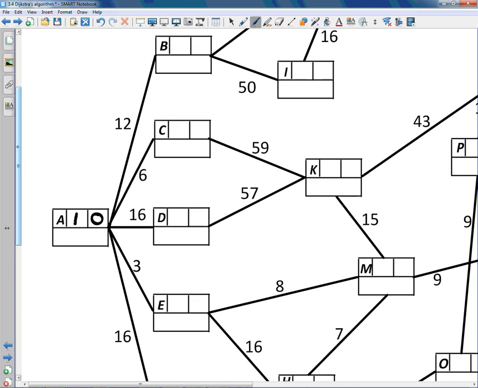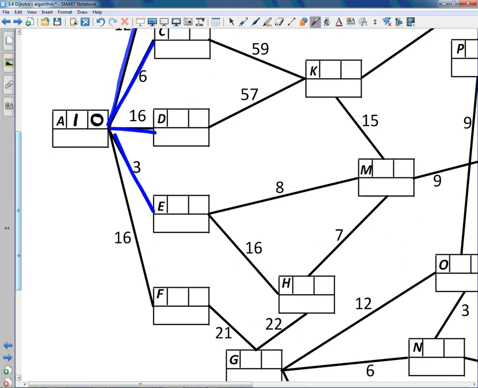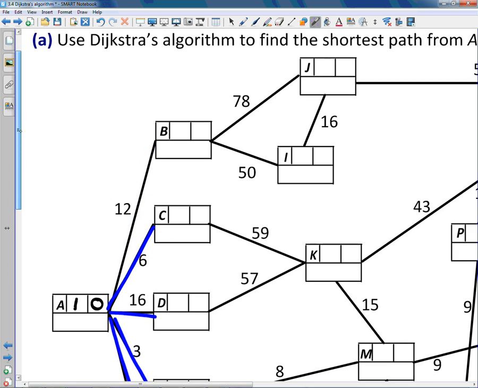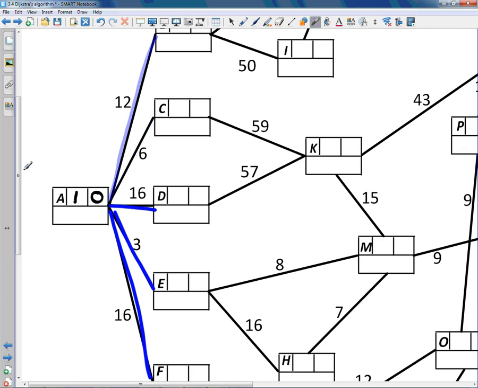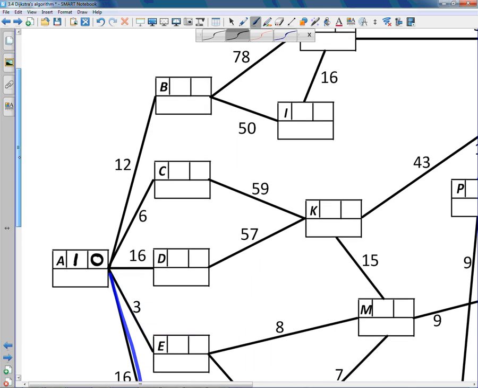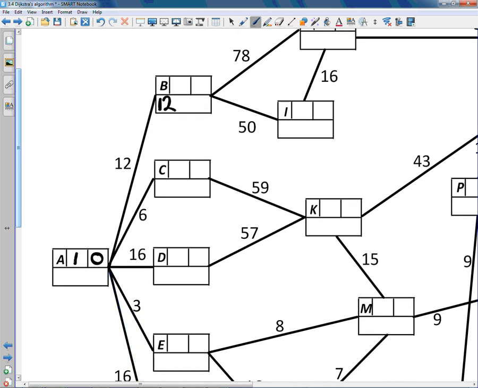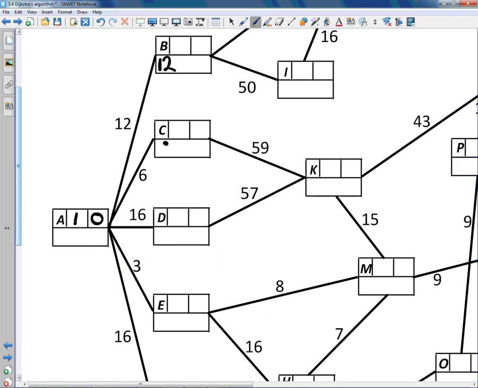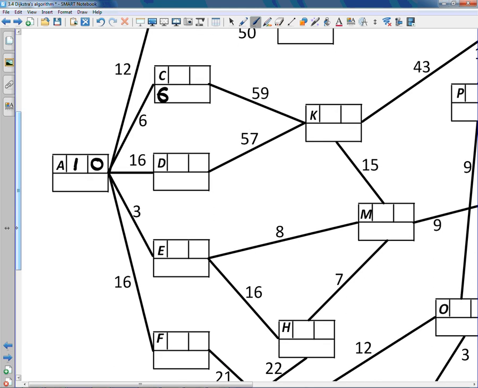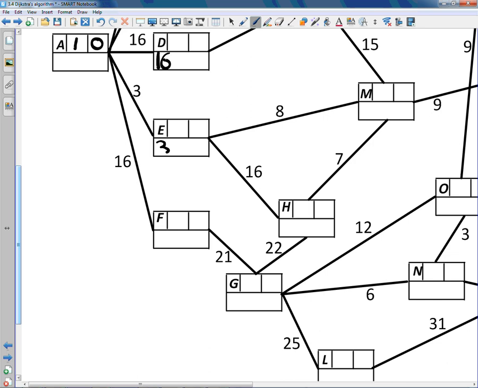Now from A, we can connect to vertices B, C, D, E, or F. They're all the unconnected vertices that we can connect to. So we can get to B in 12, C in 6, so these are called temporary labels, D in 16, E in 3, F in 16.